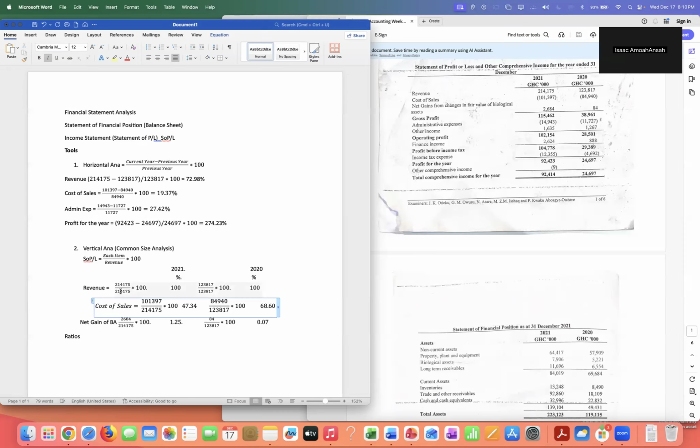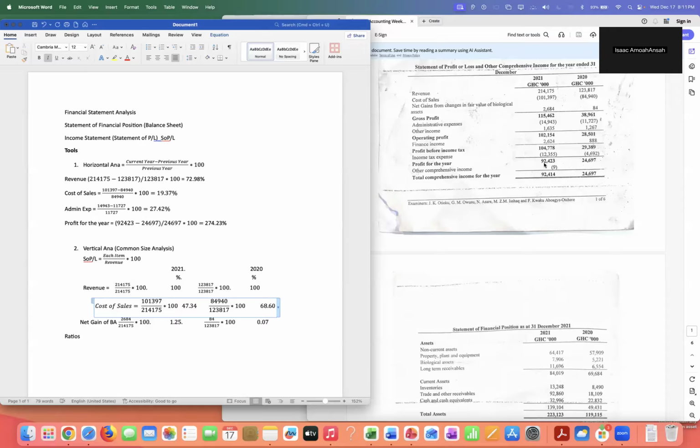So if you pick cost of sales, you just put 101,397 as a numerator. You multiply by 100, you are good to go. If you get to gross profit, you pick this figure as the numerator. If you get to profit for the year, you pick this figure as the numerator. The denominator will be the same. So you can beat some time.